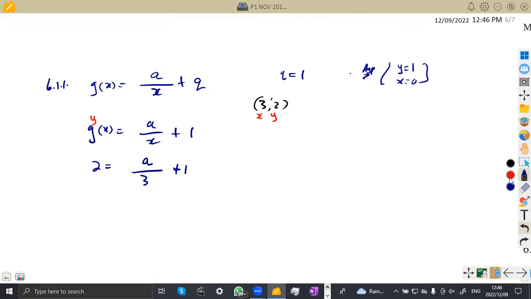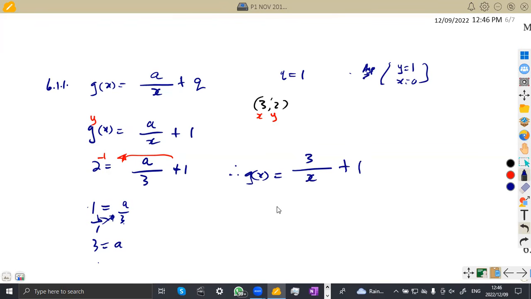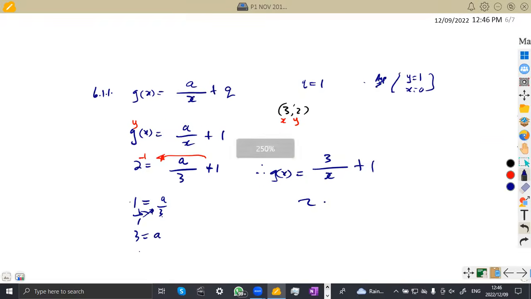To solve, we transpose the positive 1 to this side, that's a negative 1. So 2 minus 1, which is 1, is equal to a over 3. To find a, you can just cross multiply: 3 is equal to a. So if a is equal to 3, therefore g(x) is equal to 3 over x plus 1. So that is the equation that we are asked for here.